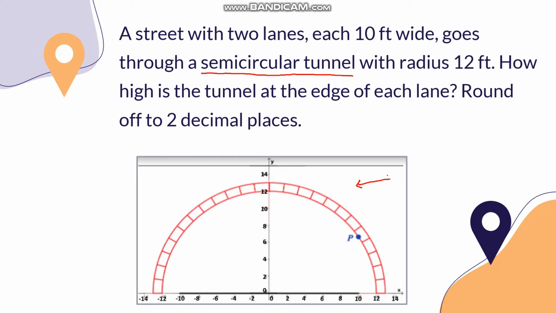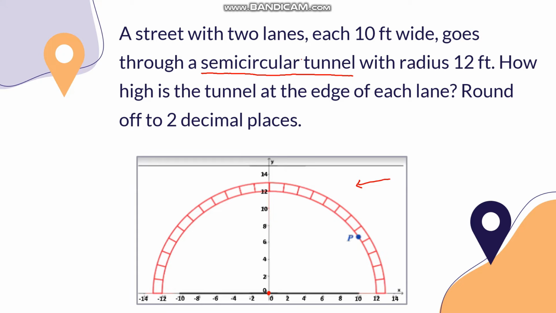You can place it wherever you want, but it's easier if we use the origin as the center. In this example, we use the origin as the center of our semicircle, and this curve right here is the semicircular tunnel.